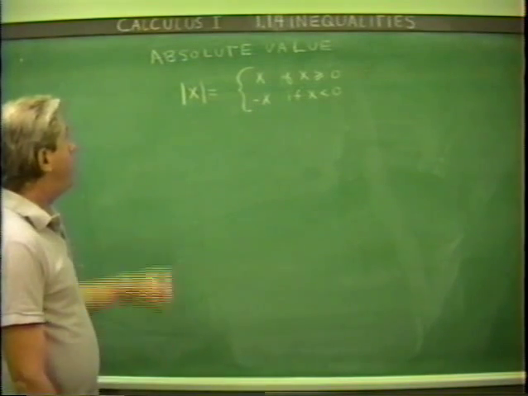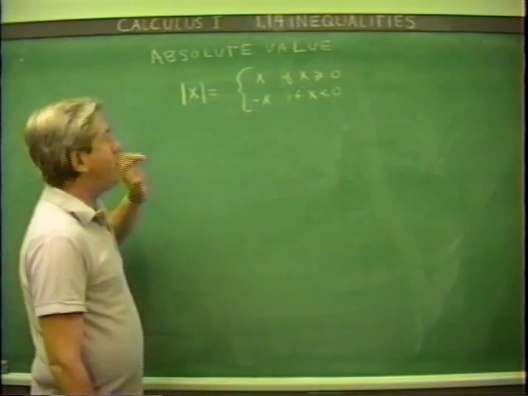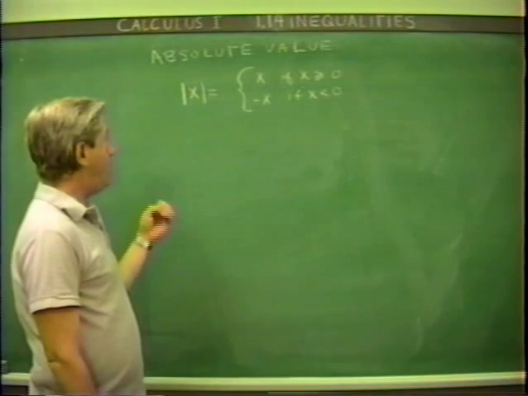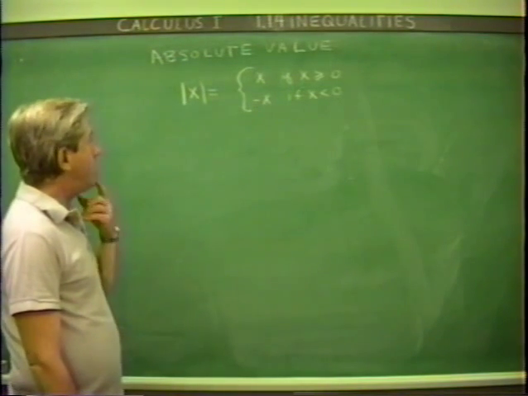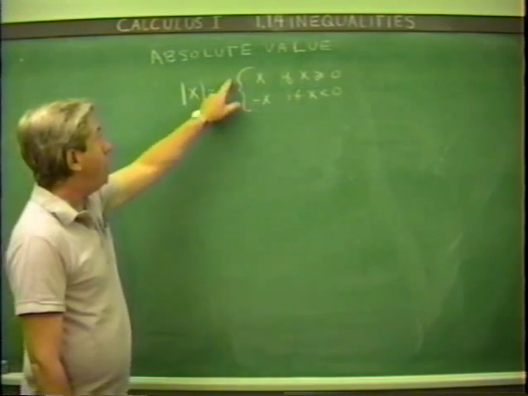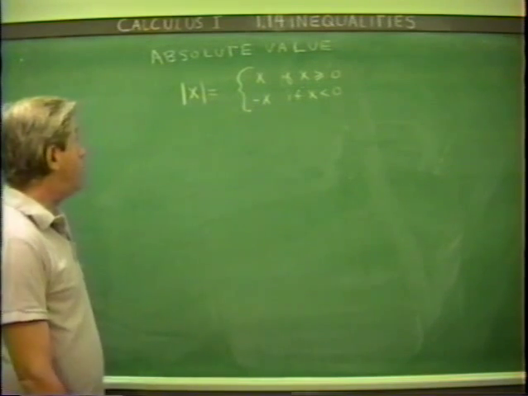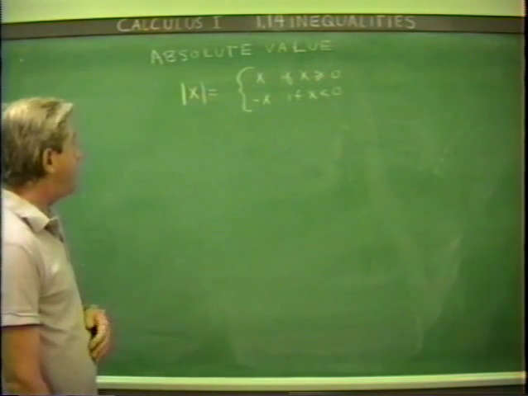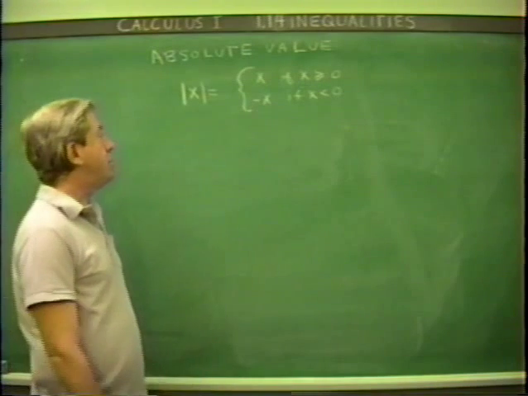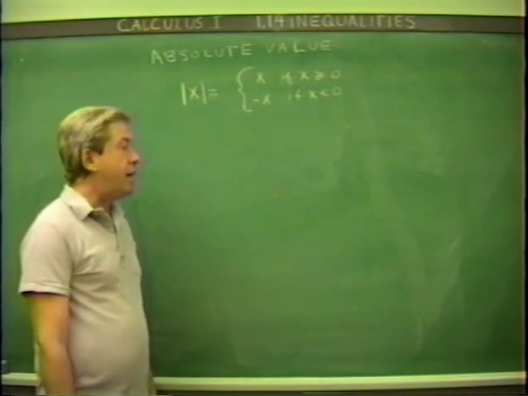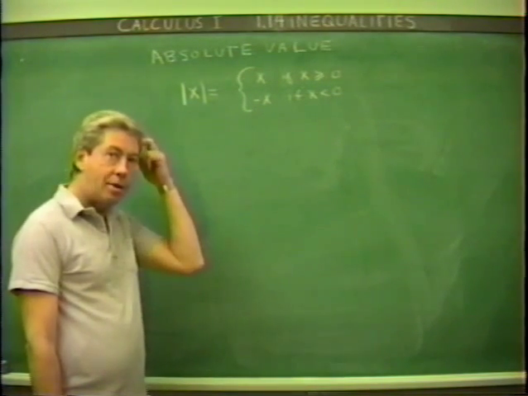Certainly if x is greater than 0, then the absolute value of x is x itself. And if it's negative, then the absolute value of x is the negative of that x, which is the positive number. But when you're dealing with the absolute value of some quantity, it's more complicated, and you have to be careful and realize that this is the definition.